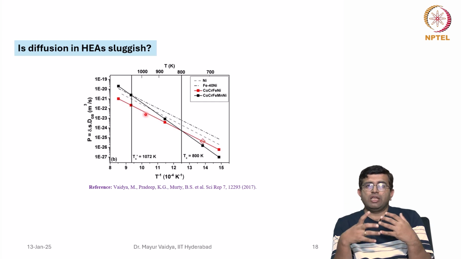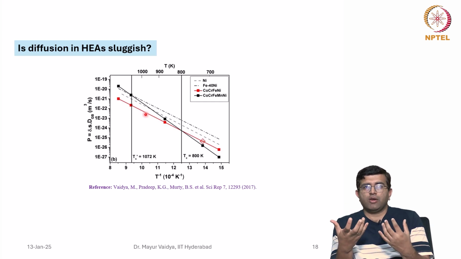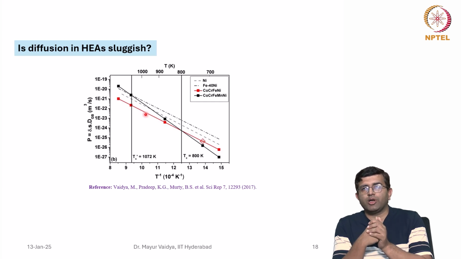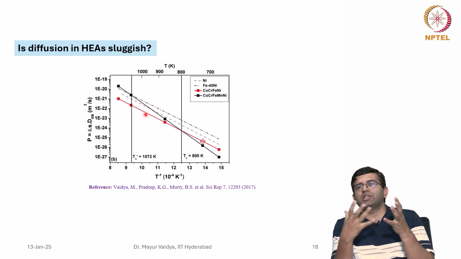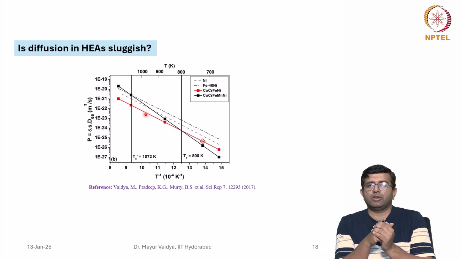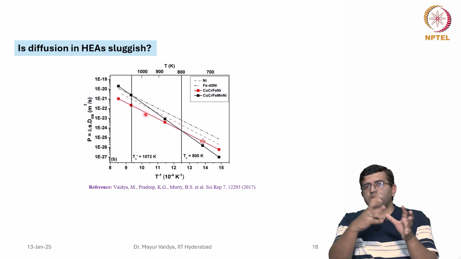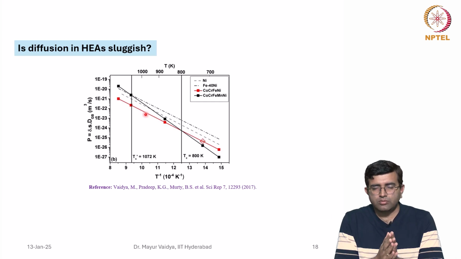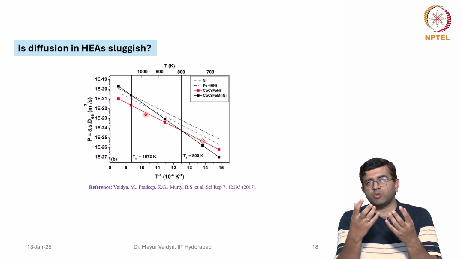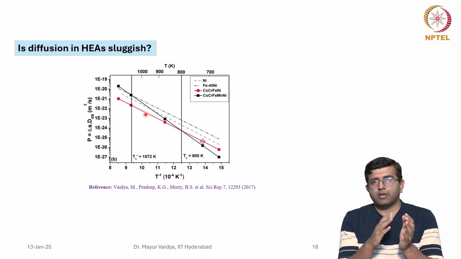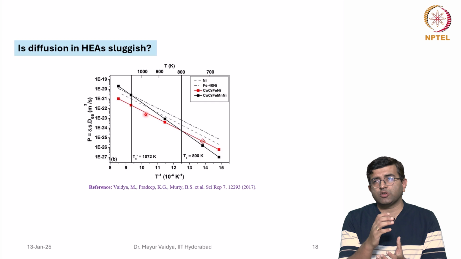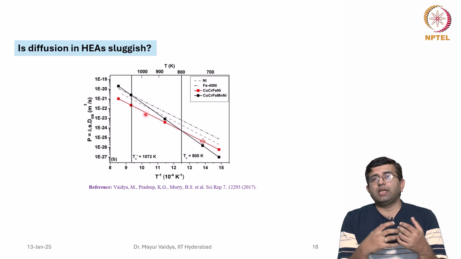Initially, when the core effects were put forward in high entropy alloys, it was thought that increasing the number of elements will lead to a decrease in diffusivities. Yes, it can be true in certain cases. You may find high entropy alloy systems where diffusivities are decelerated as compared to the pure components or lower order components, but it need not be the case.